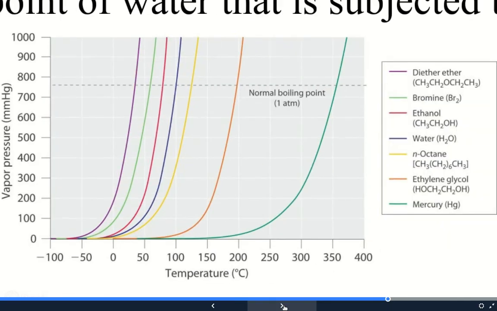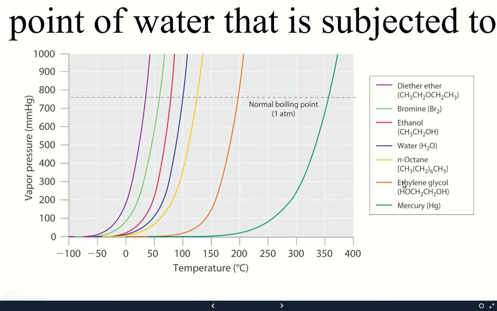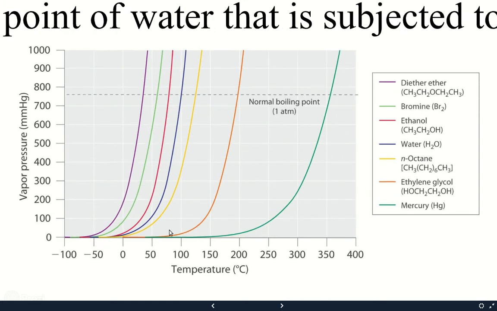Okay, now, so this is another chart, and it shows vapor pressure and temperature and normal boiling points. And it gives you lots of different things. Here we have just plain old bromine, this light green color. And there's the normal boiling point for bromine at 760 torr, or 1 atmosphere. All right, I'd go down and read it, and it's a little above 50, like 53, 52 for bromine.